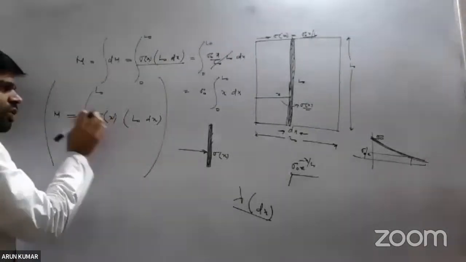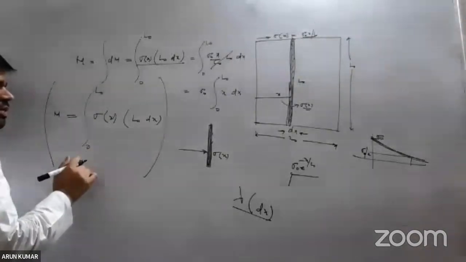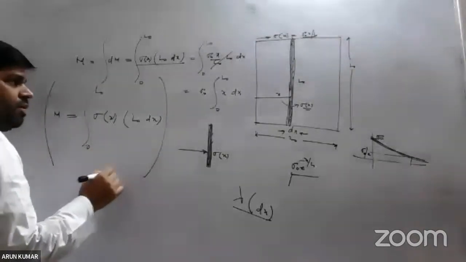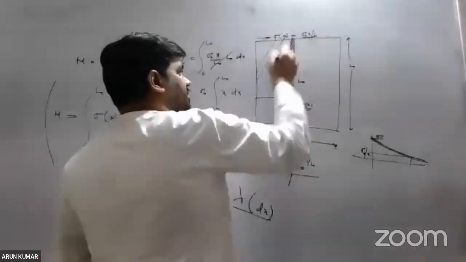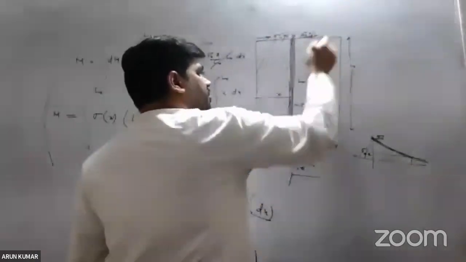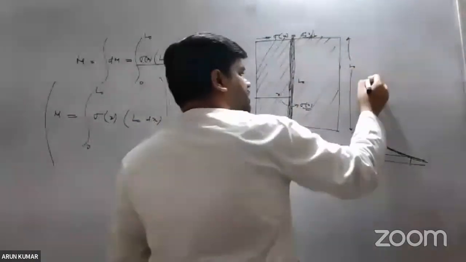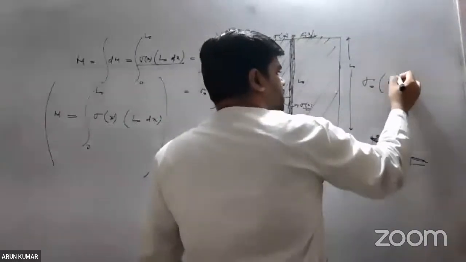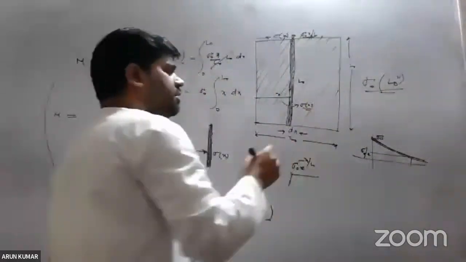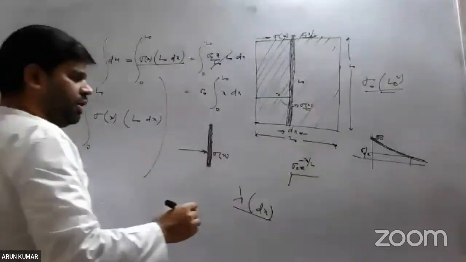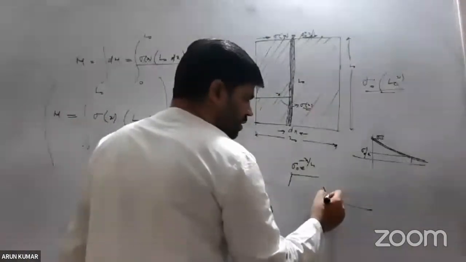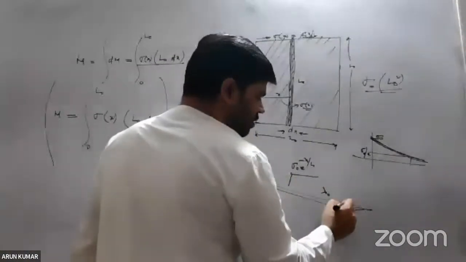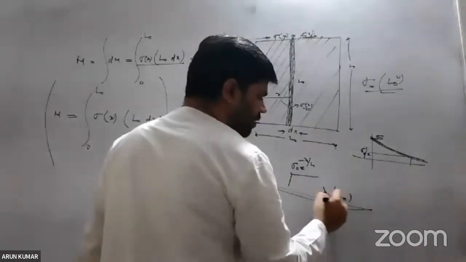Suppose sigma is constant, for example. When area is constant and surface mass density is constant, what is the mass? Surface mass density into area, right? Sigma naught into L naught square is my mass. If linear mass density is constant, lambda naught, and the length is L naught, what is the mass? Lambda naught into L naught.